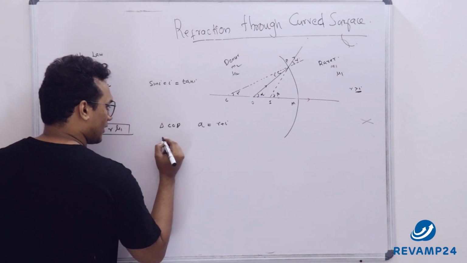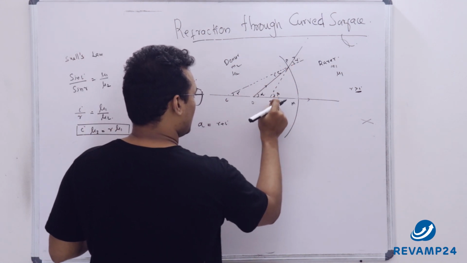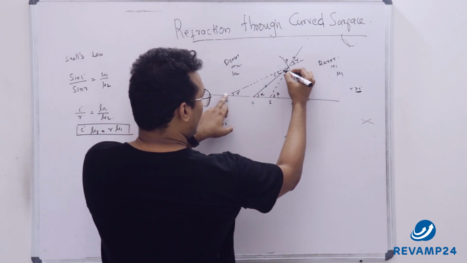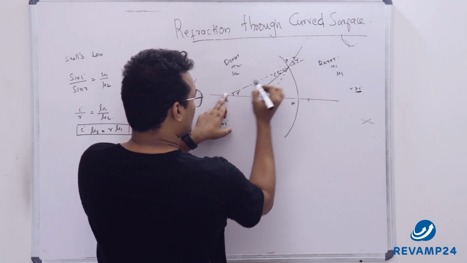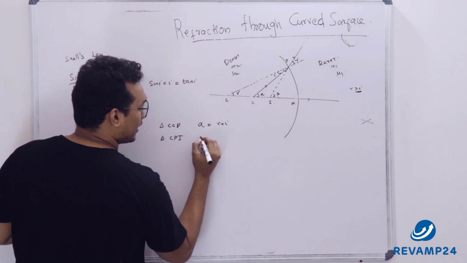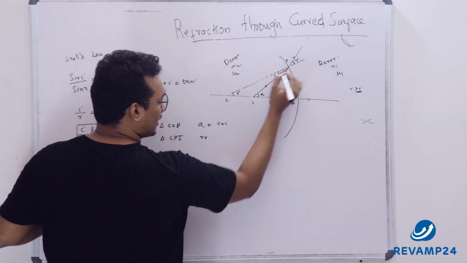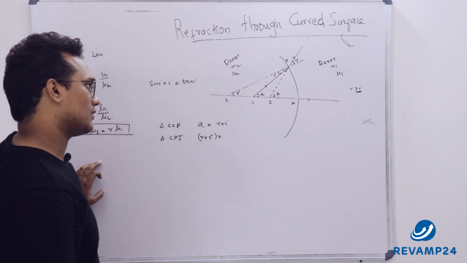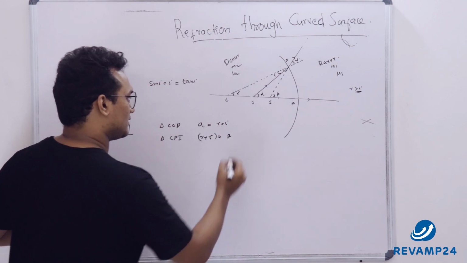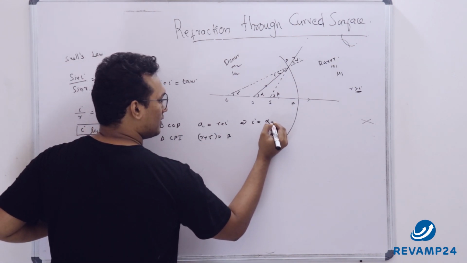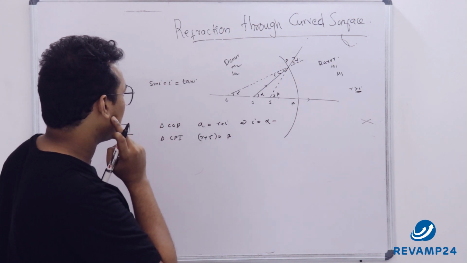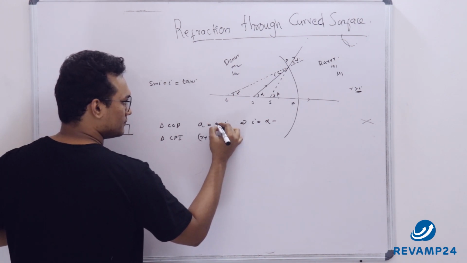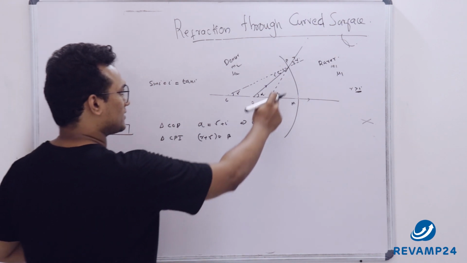Now similarly, from the bigger triangle CPI, if this is R, the whole thing would also be R. Now these two are my interior angles, so R plus gamma is my interior angle, and the exterior angle of that triangle is equal to beta. Have we made any mistake? This is not R, this is gamma. This one is R.